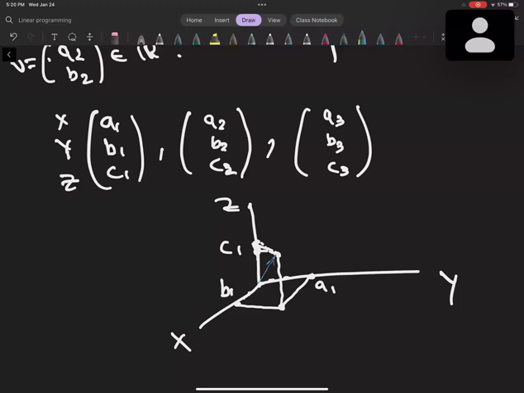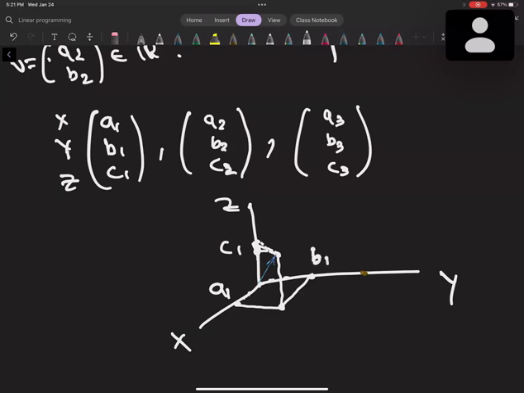Okay. And now you do the same thing for A2, B2, C2. So let's say this is A2. Oh, but I said X. It depends. People change it all the time, so you can put it either way.